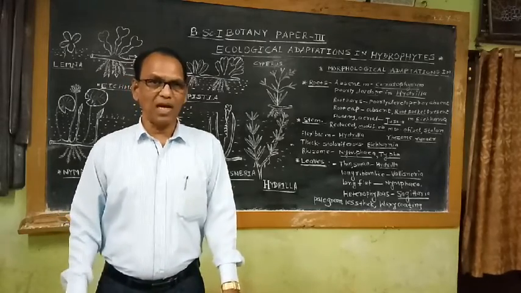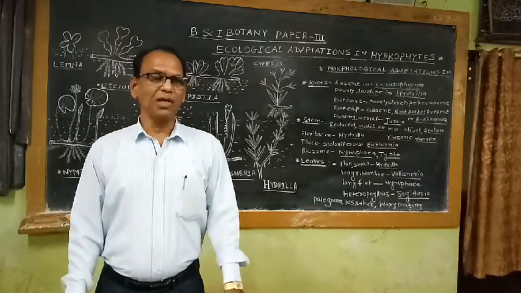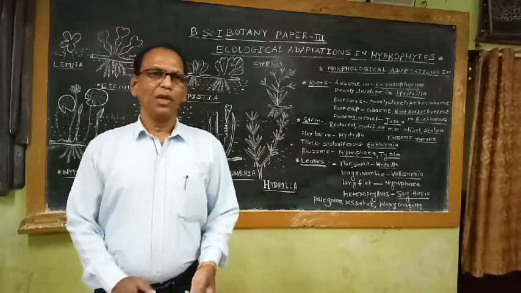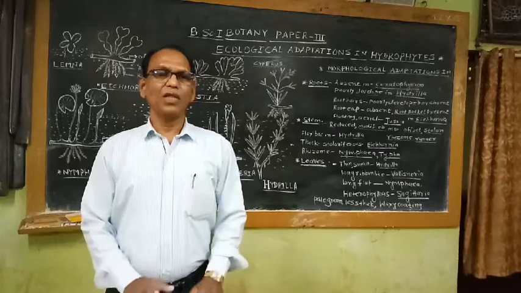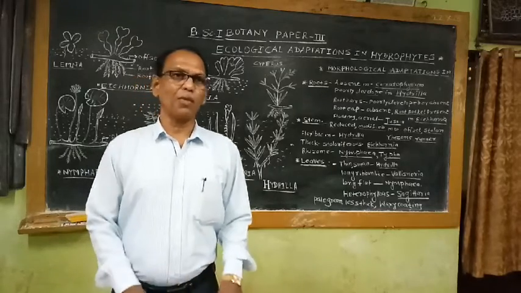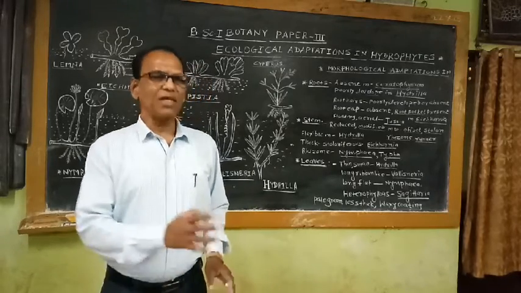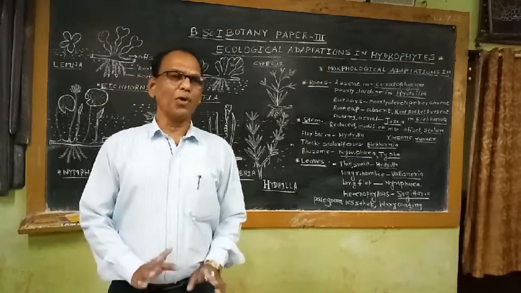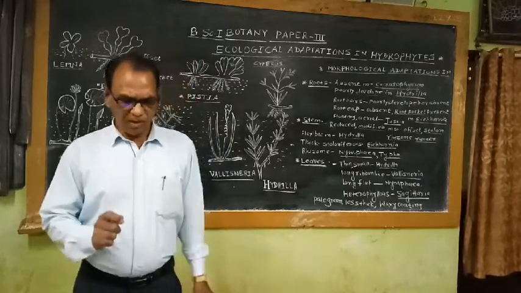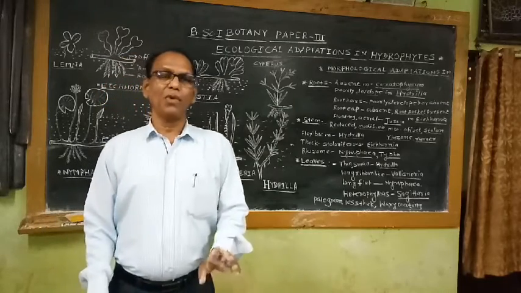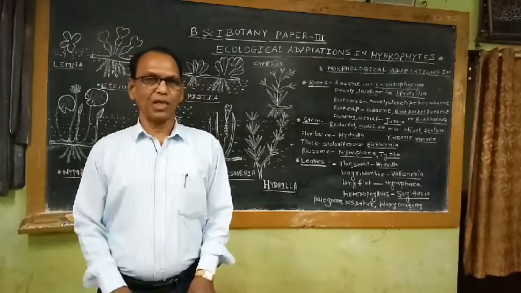In most of the aquatic plants, the vegetative mode of reproduction is very common. I have told you, in most flowering plants, reproduction is by sexual reproduction through the production of seeds. In some terrestrial plants, vegetative reproduction also occurs, but mostly reproduction in land plants takes place with the help of seeds, by sexual reproduction.